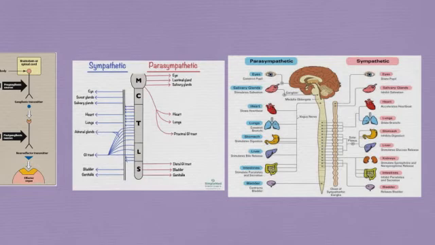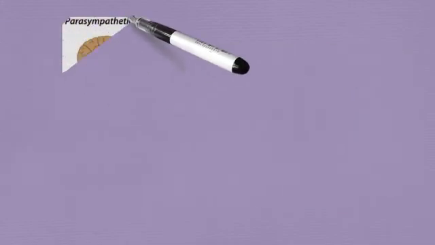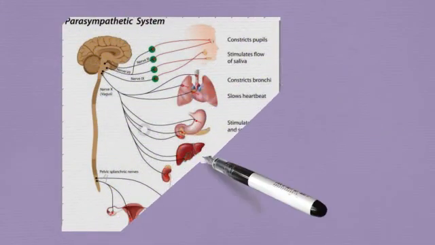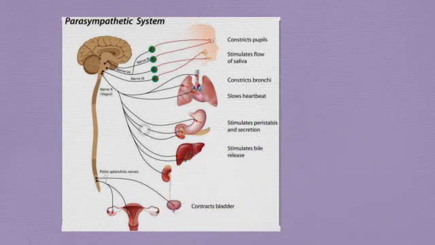Now when we talk about the parasympathetic system, the preganglionic fibers arise from cranial nerves 3, 7, 9 and 10, as well as from the sacral region S2 to S4 of the spinal cord. The difference between the parasympathetic and sympathetic systems in terms of synapse is that the preganglionic fibers of the parasympathetic system synapse in ganglia which are near or on the effector organ rather than near the spinal cord, as was the case in the sympathetic system.